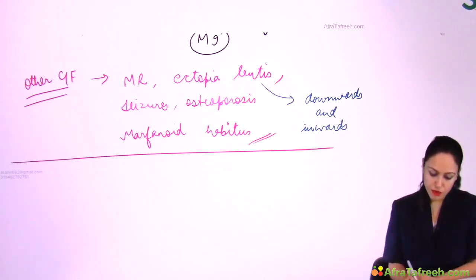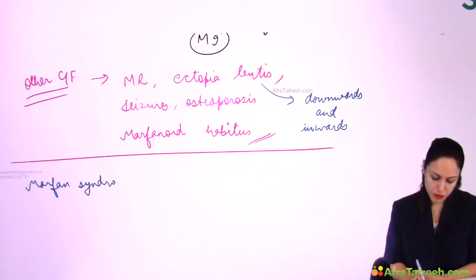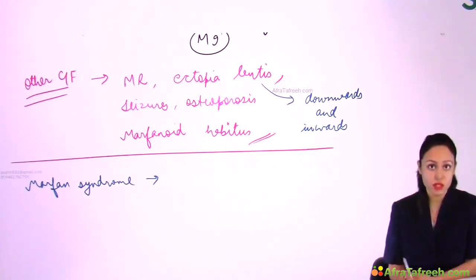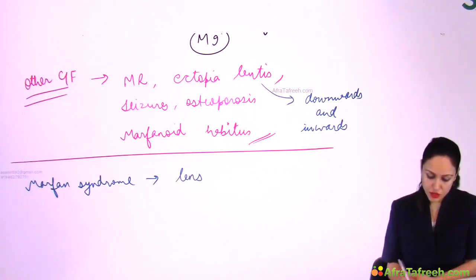But in case of Marfan syndrome, which is affecting the fibrous protein, here the lens is dislocated outwards and upwards, right? So this is the main difference. Now coming to the types of homocystinuria.